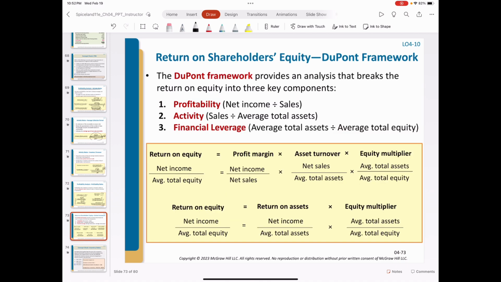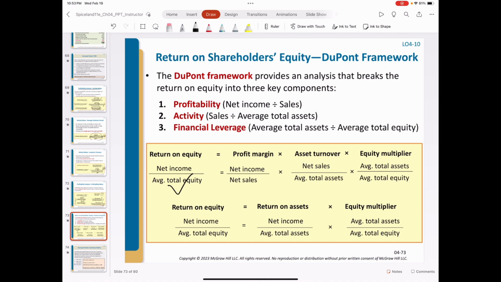Return on equity, we can disaggregate into three financial ratios. Look, if we cancel this, it is net income divided by total equity.